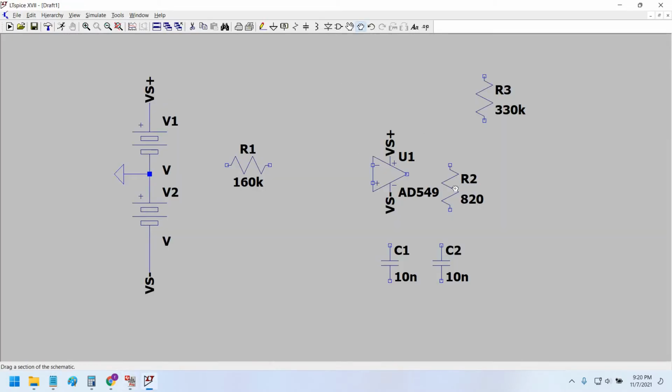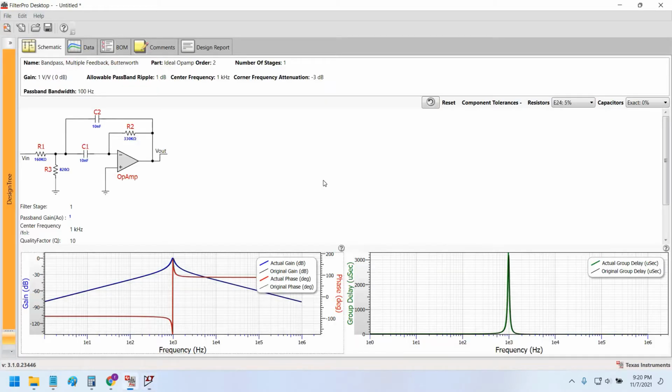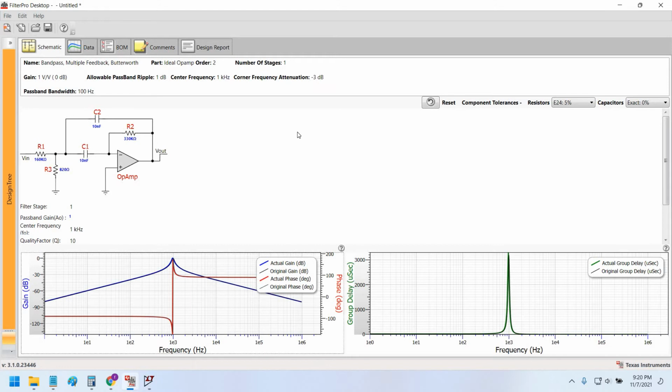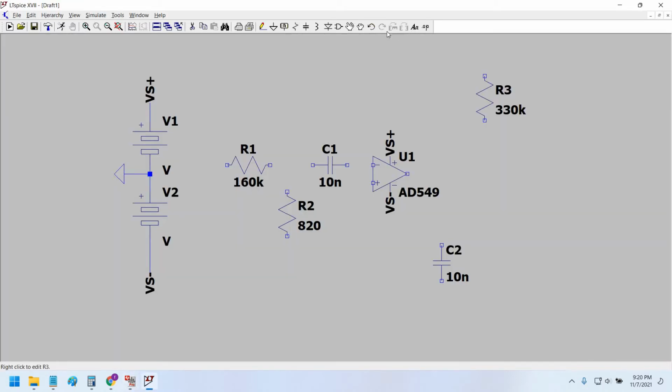Ohm resistor here. Place a capacitor in series, and now from the negative input to the output, a 330 kilo ohm resistor.